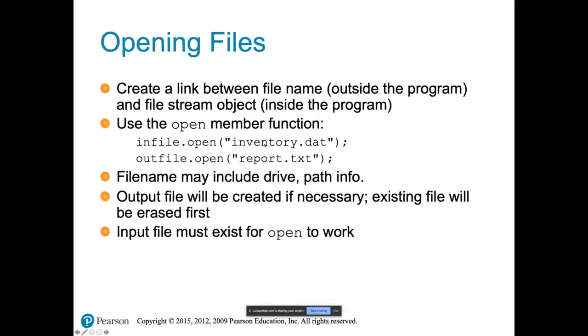Just do something like this: input inventory date.dat, and we'll write the file right next to your source code. That is fine, because when I run your source code, I don't want you to put C:\user so-and-so. That would be an error, and then that would affect your grade. So always make sure your file is right next to your source code, because when I run your source code, that's where I'm going to look.